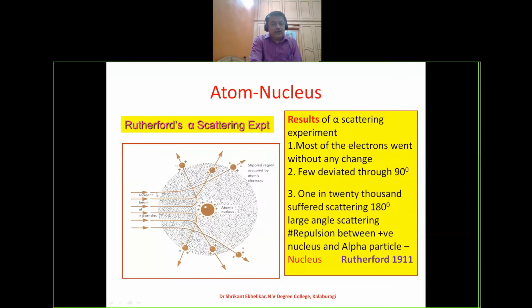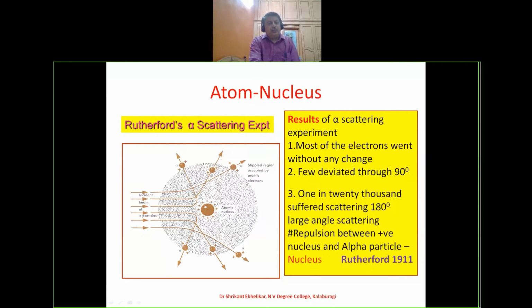If you see, many of the alpha particles went straight, with very small deviation, no much change. And few were deflected by some 90 degrees. You can see that there is a deflection of 90 degrees.